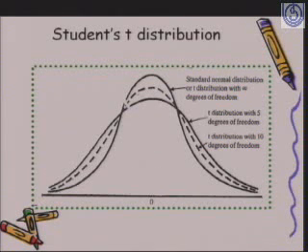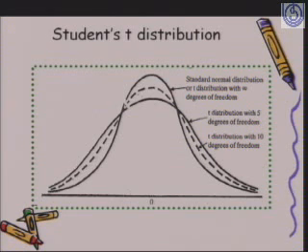Now this graphic is an excellent way of showing the difference between a t distribution and a z distribution, that means the standard normal distribution. You can see that the topmost curve is a standard normal distribution or t distribution with infinite degrees of freedom, and this is what I was emphasizing: if your sample size is less than 30, you will name it a t distribution, but if your sample size is more than 30, you would assume normality and go for z.